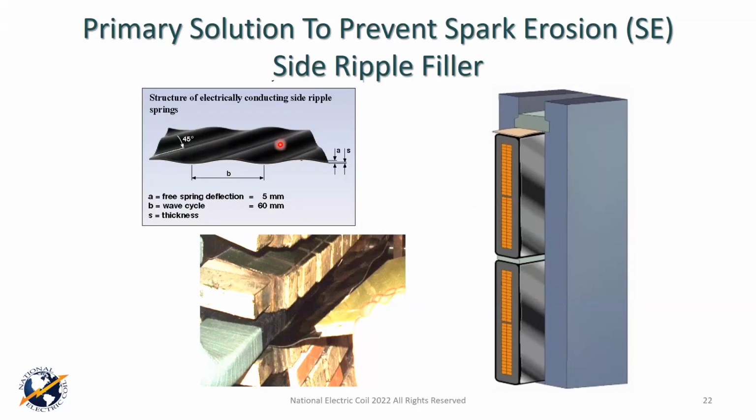So when the engineers design it, they pick a ripple filler thickness and determine how far it will be driven in, which leaves the last 10 or 15% of the ripple but still gives us good compression. And here you see it applied.